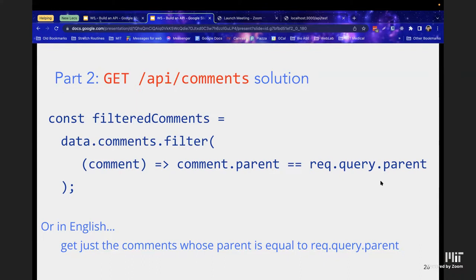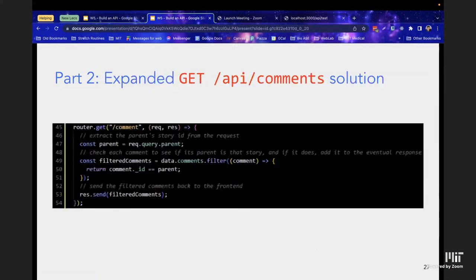So this will hopefully result in just our list of comments, in our case just one. And then we can see this is the expanded solution. I had a lot of comments to explain what each line is doing, and also separated out the req.query.parent instead of the parent as in the filter.